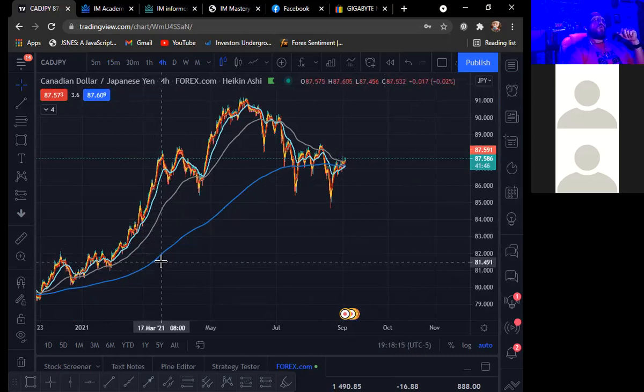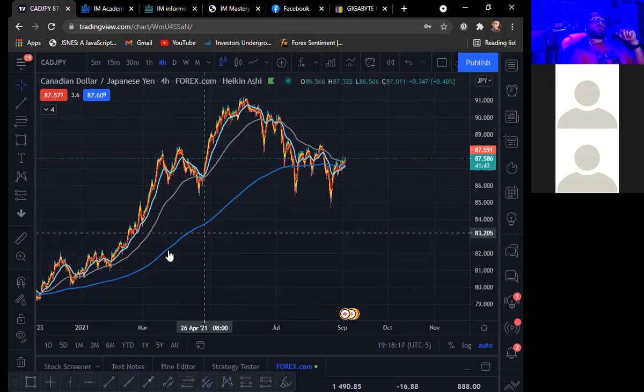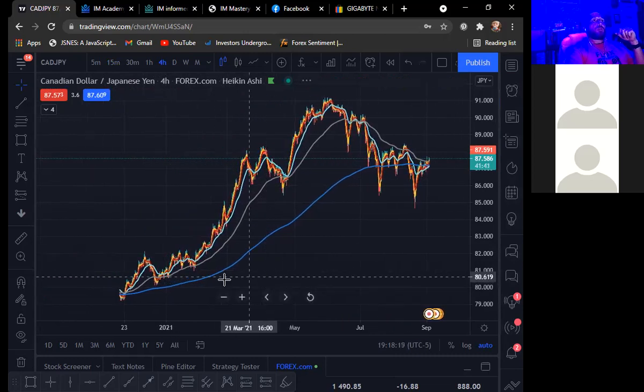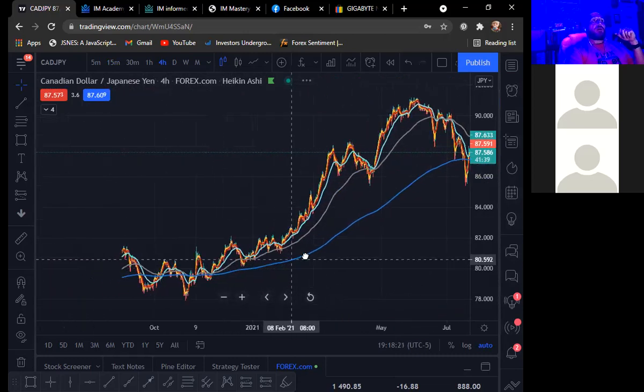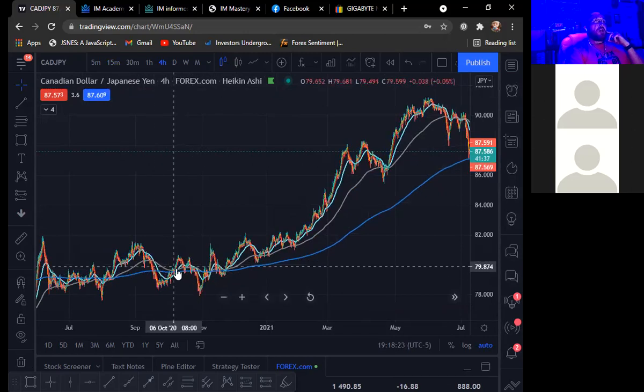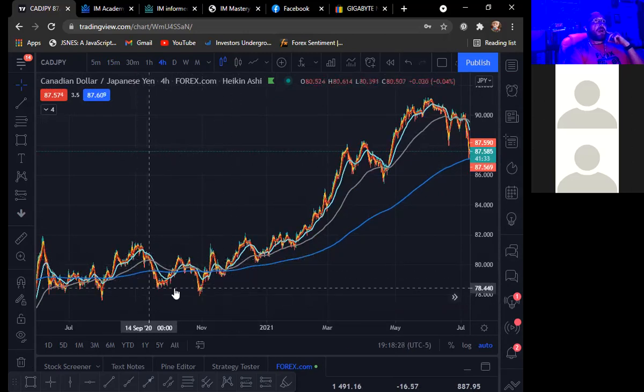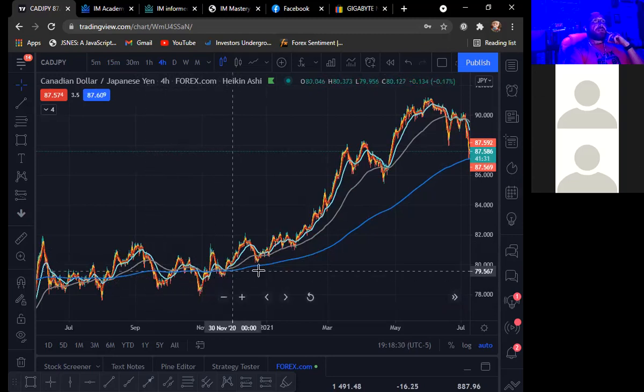What we're looking for is for the DeLorean EMAs to be spread out. Right here, you can see all 5 of these EMA lines are together, so this is not where I'm going to enter a trade.